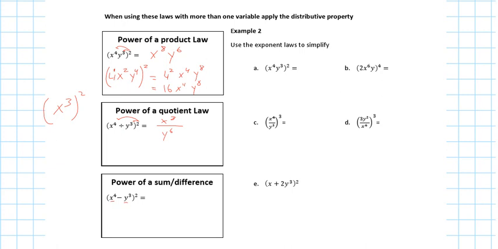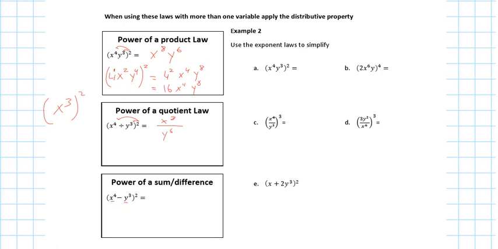All right. How about when I have a sum or difference? When I have a term subtracted by another term to the power of 2. We have two brackets behind each other, so we have to FOIL.